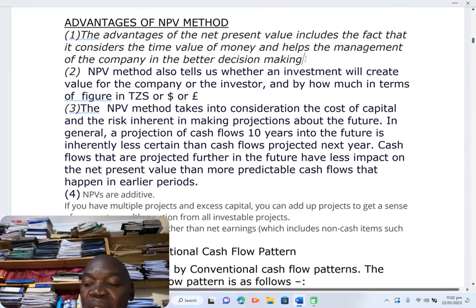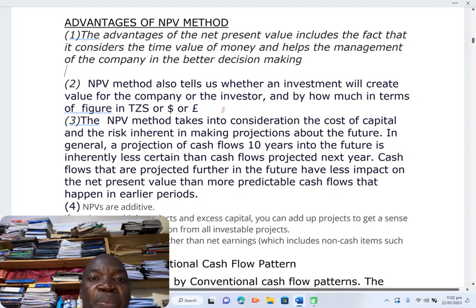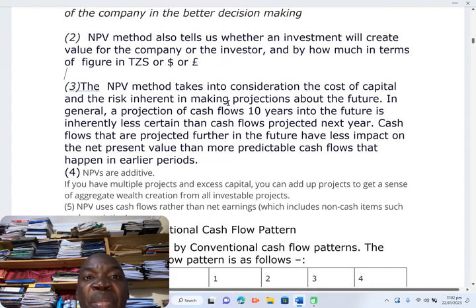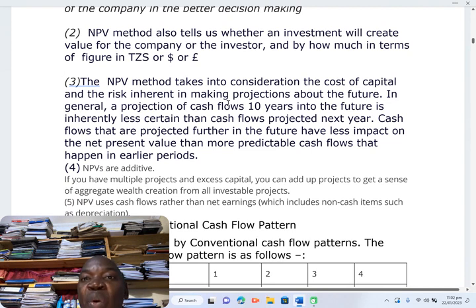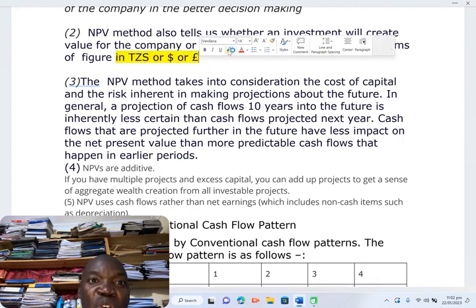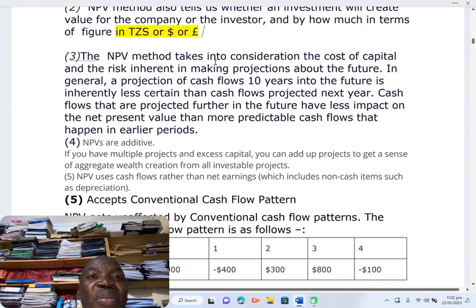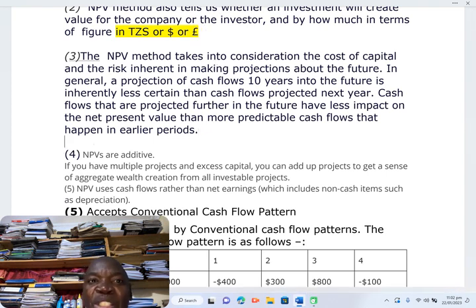That is how it works. Number 2, the NPV method also tells us whether an investment will create value for the company or the investor, and by how much in terms of figures, either TZS or dollar or pound or euro. So it tells us how much money it will create in monetary terms.